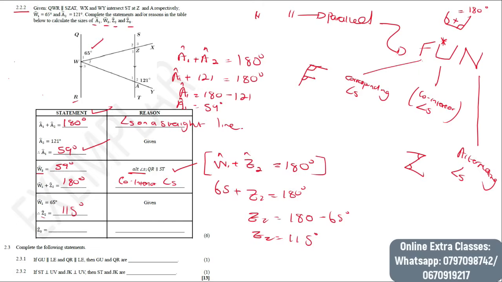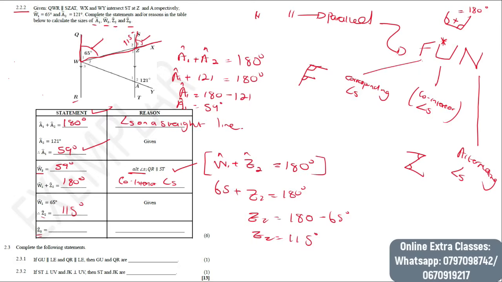So we have this angle here, which is equal to 115 degrees. And now we are asked, what is angle Z3? We can use different methods, right? We can see that we have an F here. And if it's an F, we know that this angle and this angle are equal.